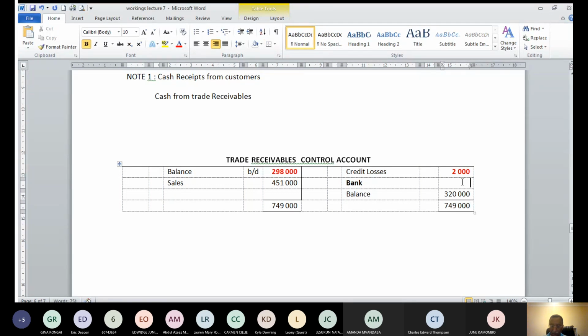The amount that I am looking for now is the balancing figure, and the balancing figure is 427,000, and that is the cash that I have received from my customers from my sales amount. So note number 1, which deals with my cash receipts from customers, received from my trade receivables, is the amount of 427,000 rand.